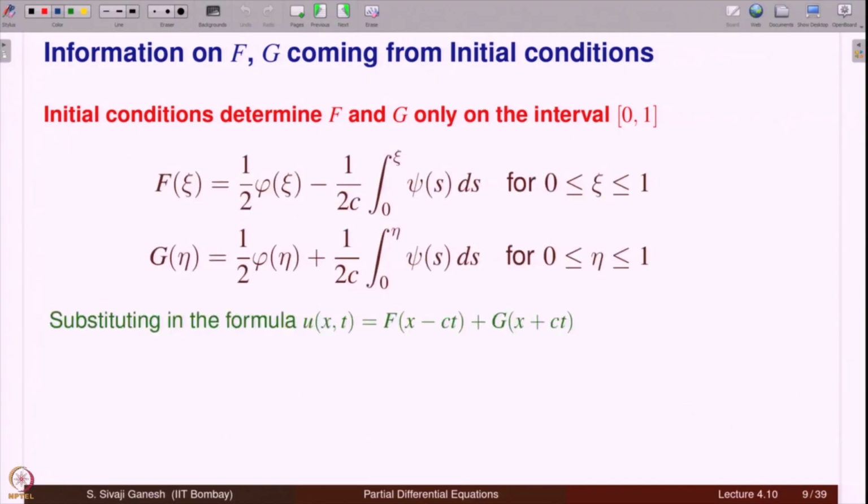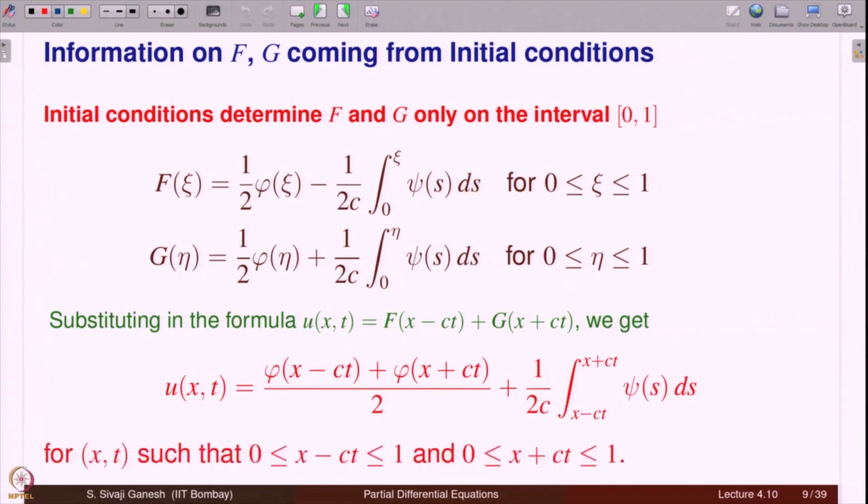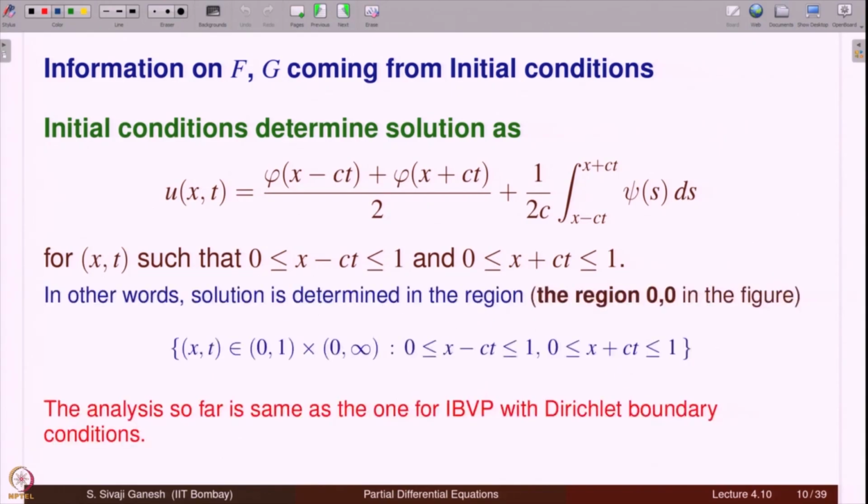So, when we substitute in this formula, we get the solution in terms of x and t, which is this. Valid for xi between 0 and 1, xi is x minus ct, and eta between 0 and 1, which is x plus ct. So, in terms of x,t, the validity is this. So, initial conditions determine the solution in some region, and that region is the 0-0 region.